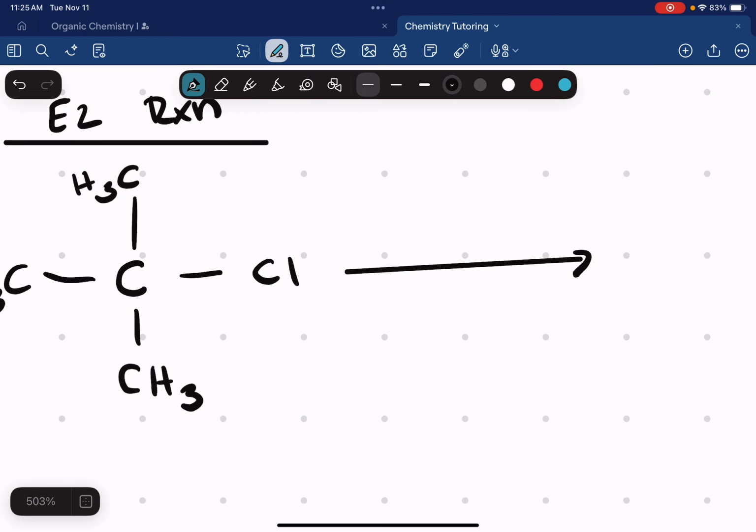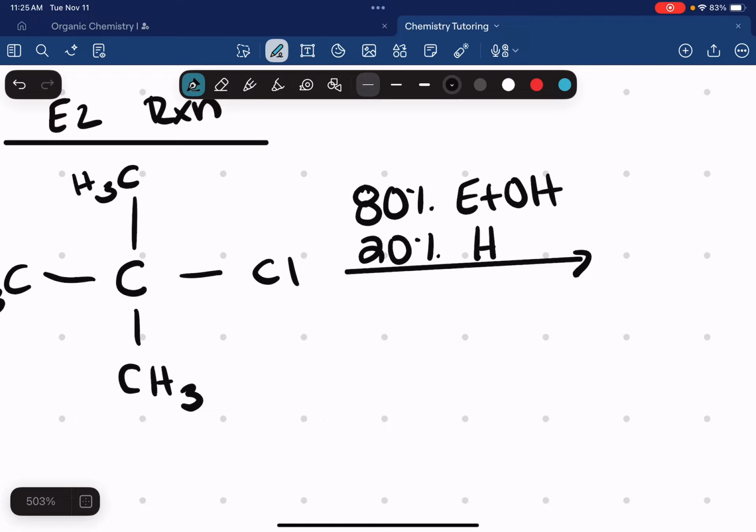And most of the time it gives you, so like it'd be 80% ethyl alcohol, and then like 20% water. And this lets you know it's a weak base because it's diluted, right? We're diluting it with water. And then our heat will be 25 degrees Celsius.